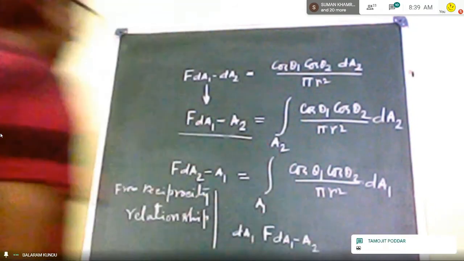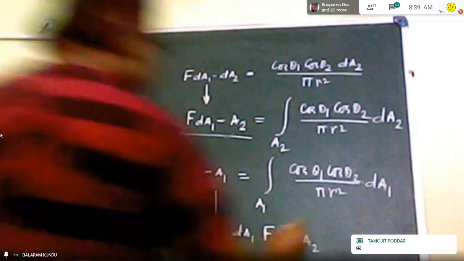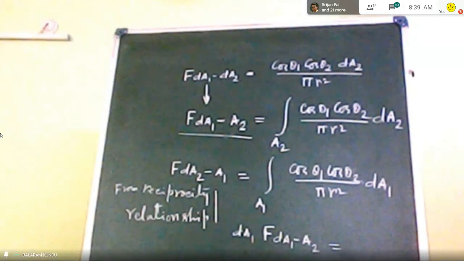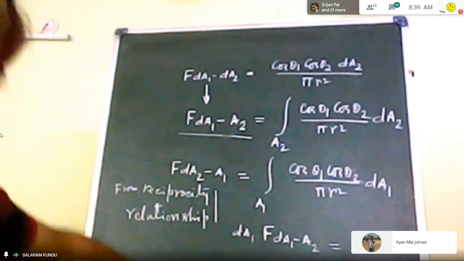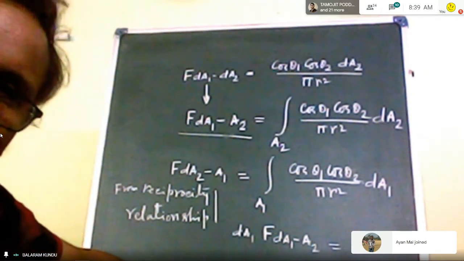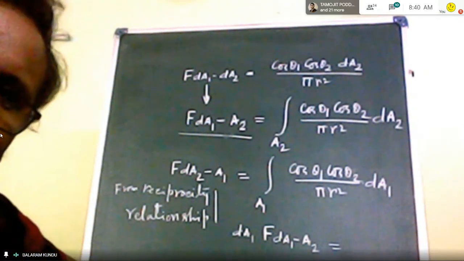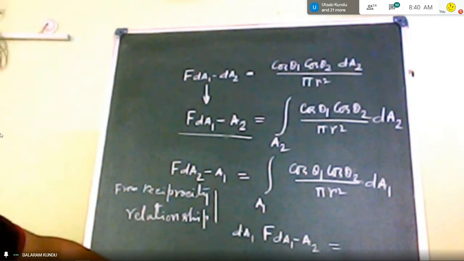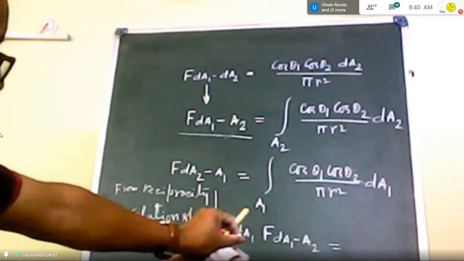Okay, so that is equal to, from reciprocity relationship, what we can write here. So reciprocity relationship, just we use that relationship, then what we can write.